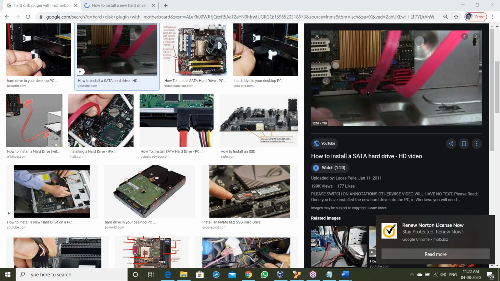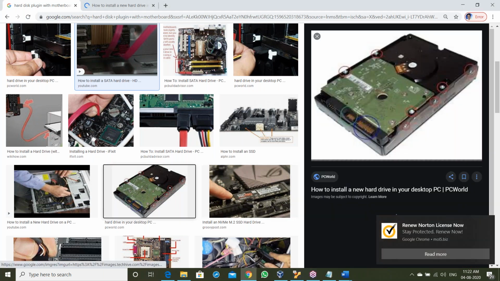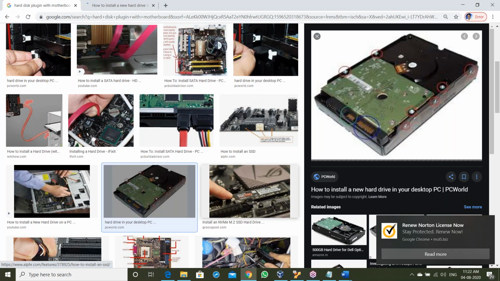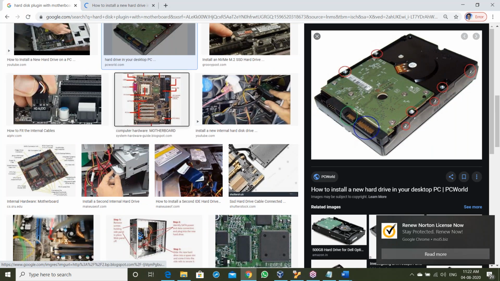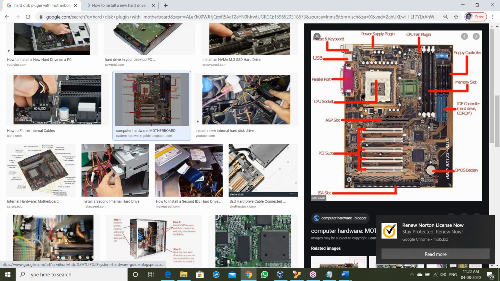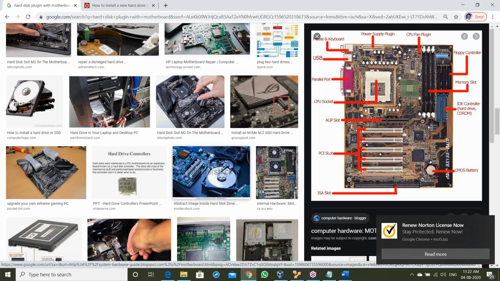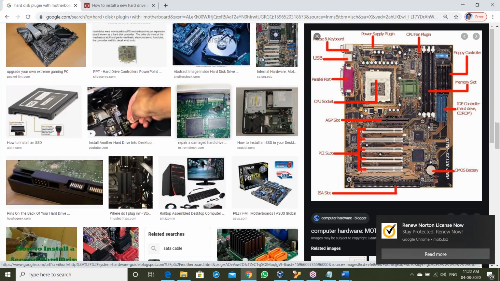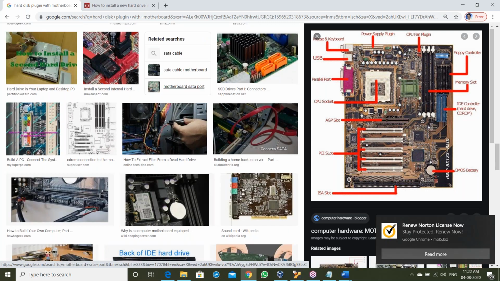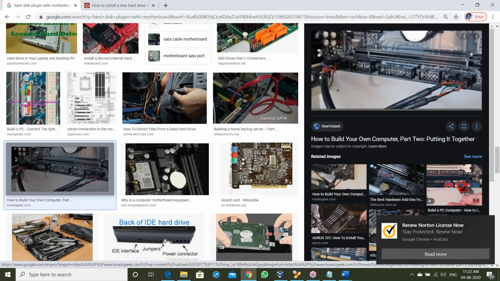There are slots here. The disk is added to this motherboard. You can see the wide connections.